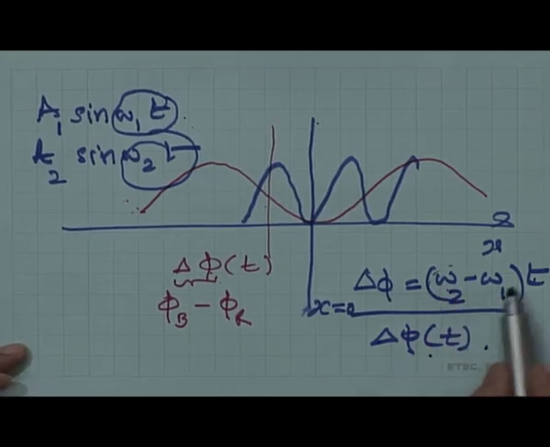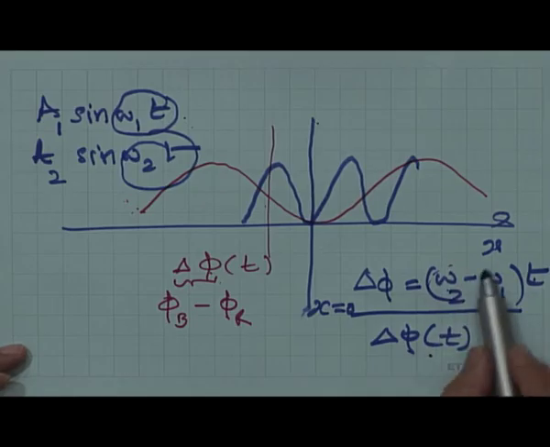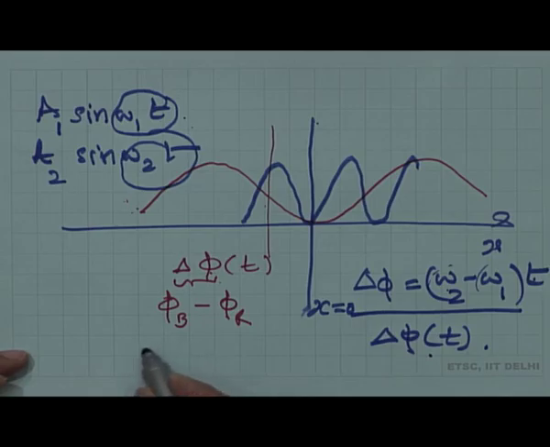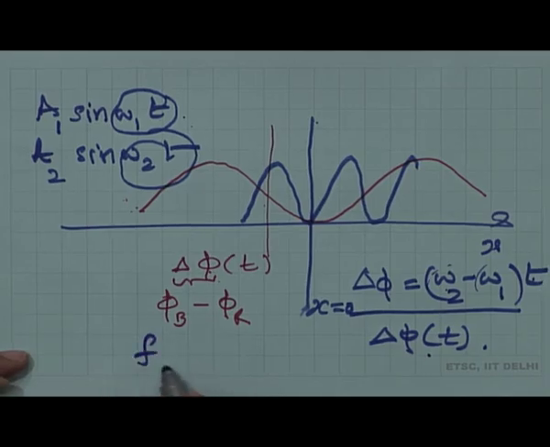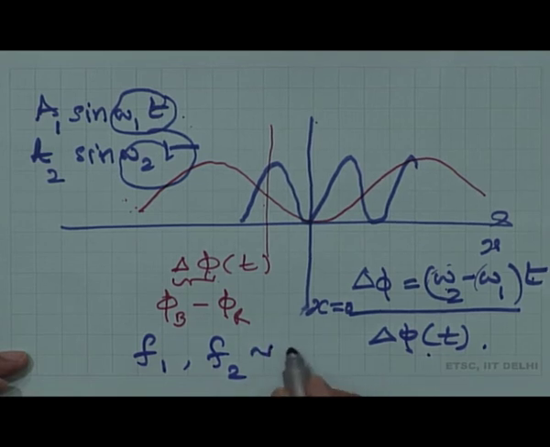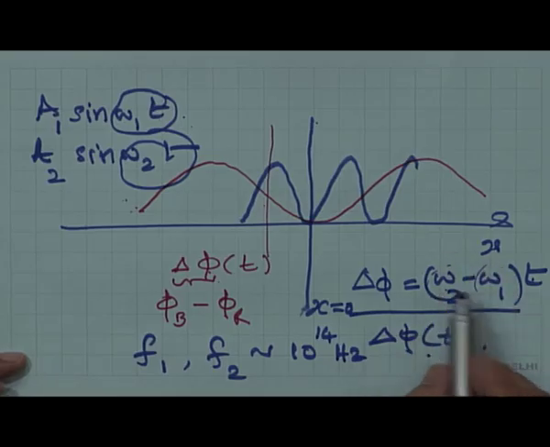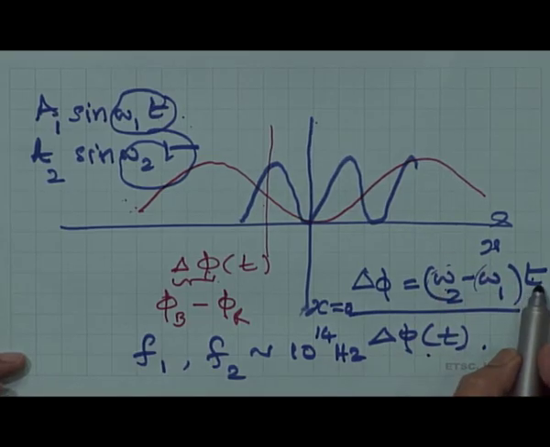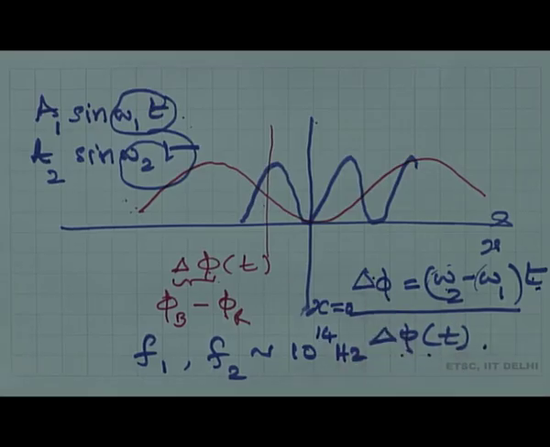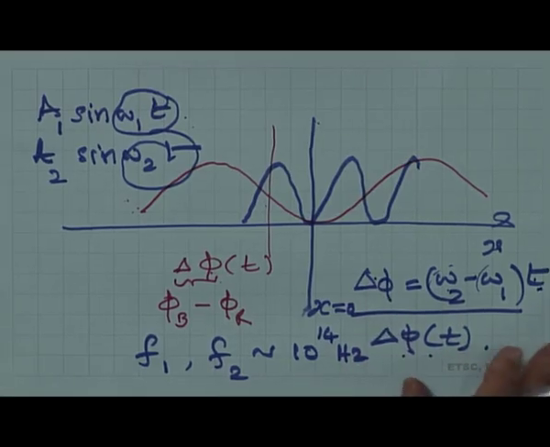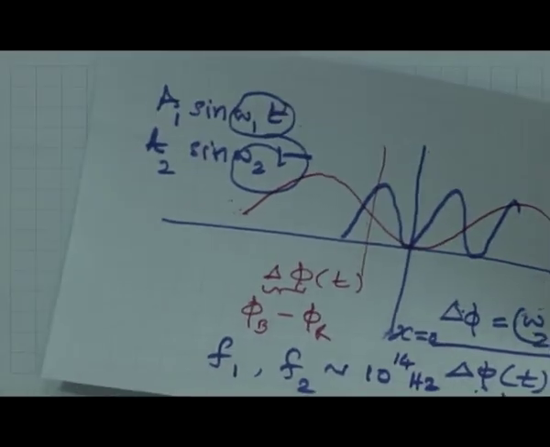Remember that omega 1 and omega 2 are light frequencies which are very big numbers, because the light frequencies f1 and f2 of blue and red are of the order of approximately 10 to the power of 14 hertz, 2 into 10 power 14 hertz, 5 into 10 power 14 hertz and so on. Therefore, this is a huge number multiplied by time, which means delta phi is varying very rapidly and therefore the phase is varying very rapidly.